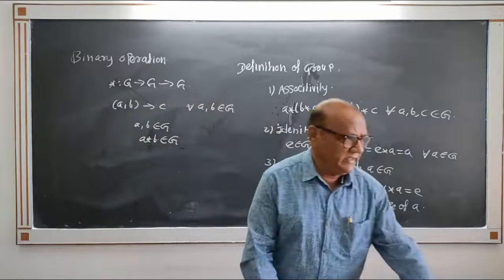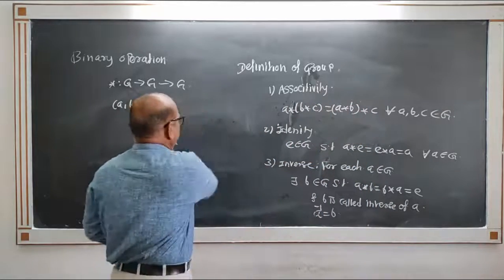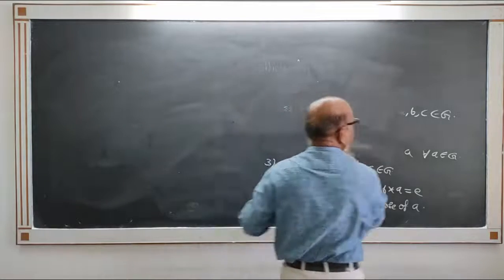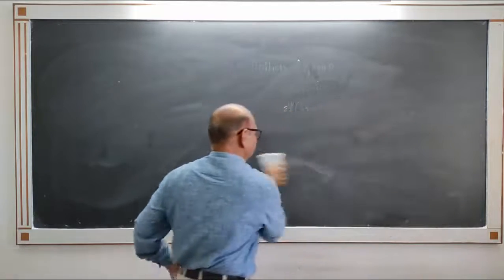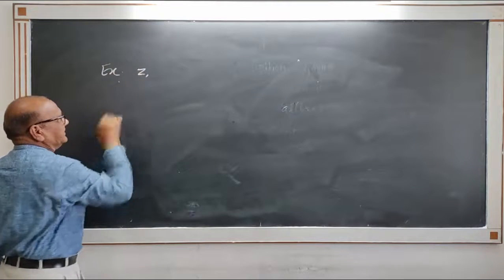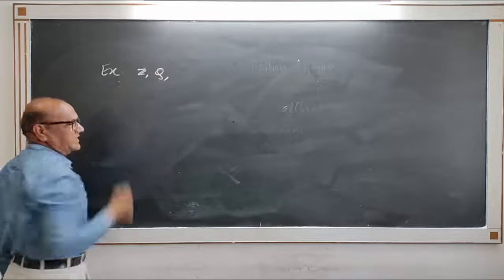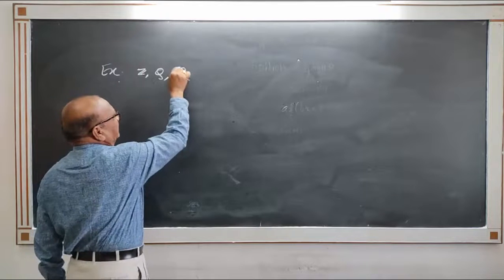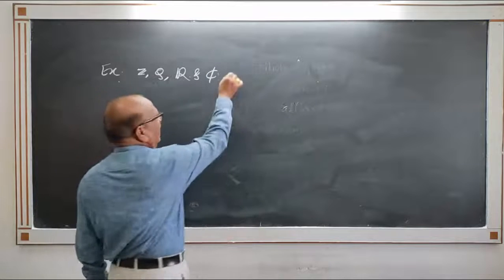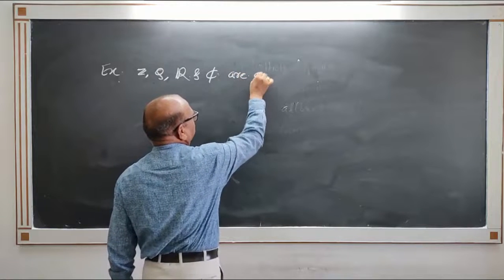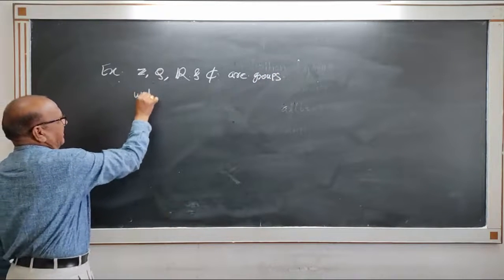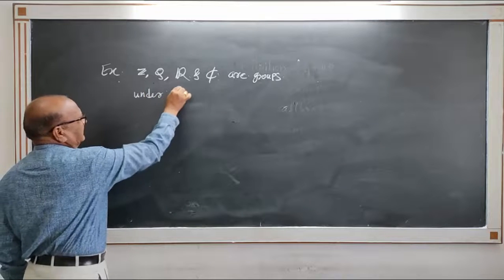Then examples here. Example, Z, set of integers, set of rational numbers, set of real numbers and set of complex numbers are groups under addition.